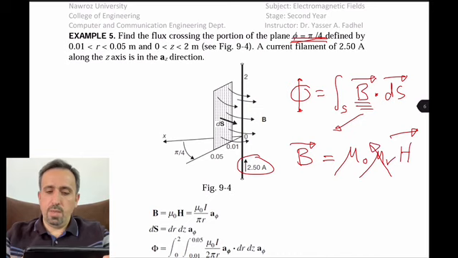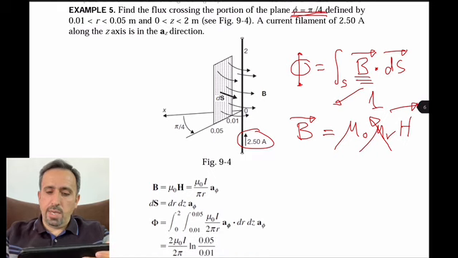So from H I can calculate B, then substitute it here and calculate the magnetic flux, but H is not given to me. I also have to calculate it.